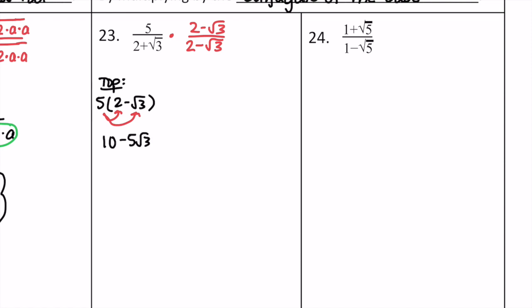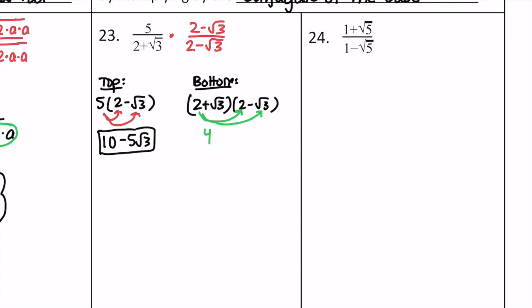The bottom, now, I have 2 plus the square root of 3 times 2 minus the square root of 3. At some point, you should be able to realize this is the difference of two squares, but if you want to FOIL it instead, you can. I'm going to FOIL it. I have 2 times 2, which gives me 4. I have 2 times the negative square root of 3, which is negative 2 square roots of 3.